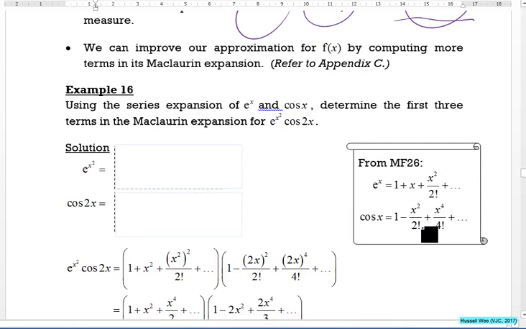Example 16. Using the series expansion for e^x and cos x. Now we must be quite familiar with this. What it means is this. You can actually lift off the series expansion for e^x and cos x from MF26. Can use without proof. But you want e^(x squared) cos 2x.